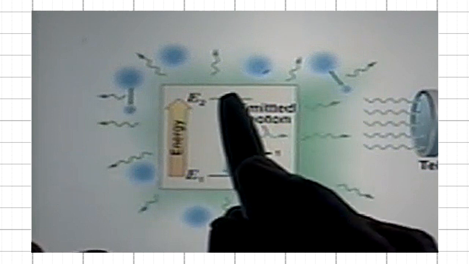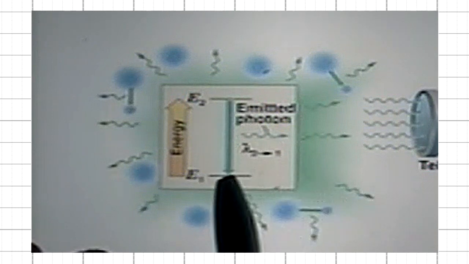Okay? And then one of those electrons can drop to the lower energy state, and in the process emit the photon. In this case here, it happens that the energy difference between the initial and the final state is such that we have here the photon of green light. So that's the light that one collects with a telescope.